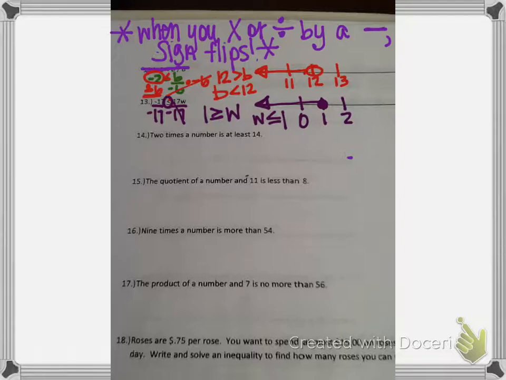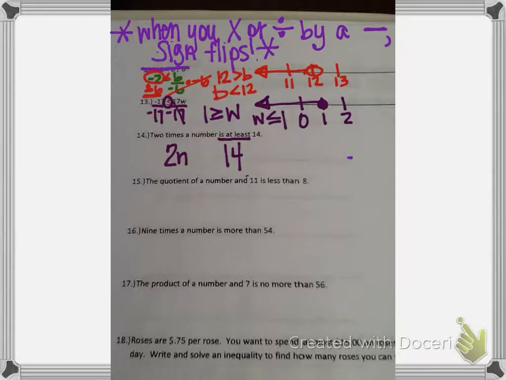Alright, on this next set, all I want you to do is be able to write the actual inequality. We don't have to solve them. So on 14, 2 times a number, so 2n or 2x, is at least 14. I always look at this part that is my inequality and ask myself, okay, does that mean less than or greater than?